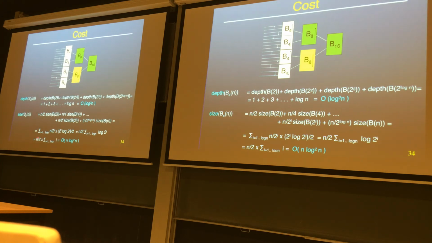If you compute that, it is the sum, with log n in the exponent, over i from 1 to log n of n divided by 2 to the power i times 2 to the power i log 2 to the power i divided by 2, and if you compute the final result, it turns out that this is O of n log squared n. So in this respect, we achieve the same result as the odd-even merge networks, where we also had a depth of log squared n and a size of n log squared n.